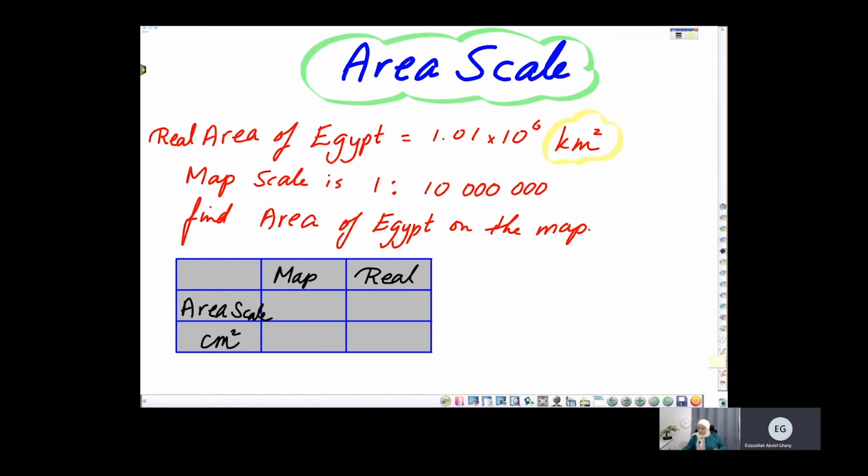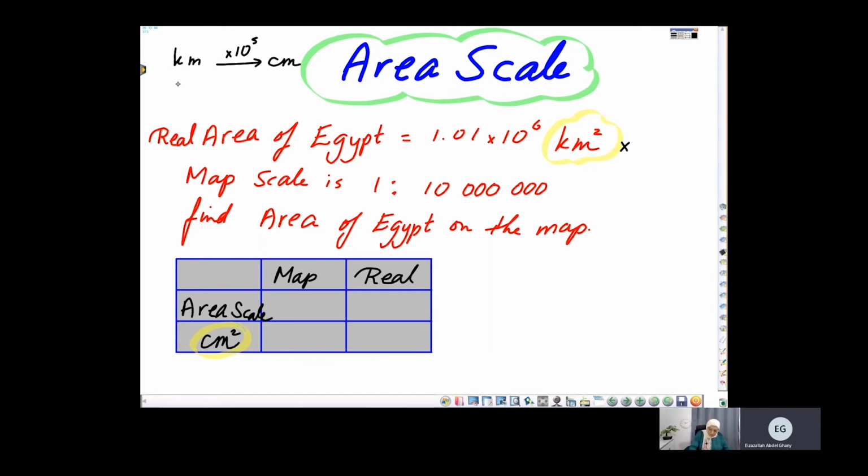We'll concentrate on something. Input and output in this table will be in centimeter square. So we will convert this kilometer square. You remember? Who can say it? From kilometer to centimeter, you multiply by 10 to the power of 5, which is 5 zeros.